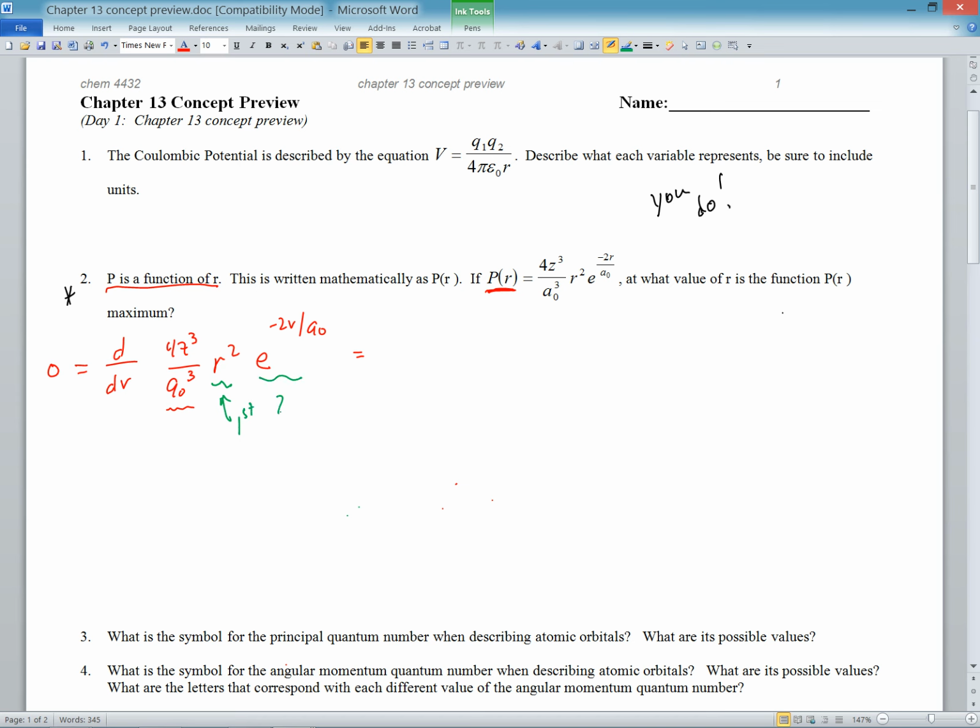Here's your second. So the derivative of the first would be 2r times what? e to the negative 2r over a naught, plus the derivative of the second. Ashley, would be what?